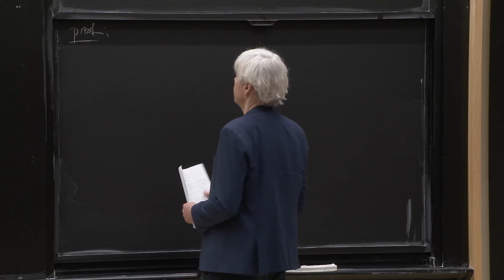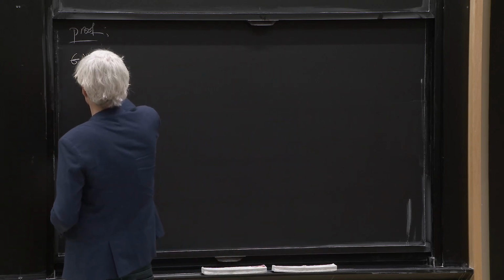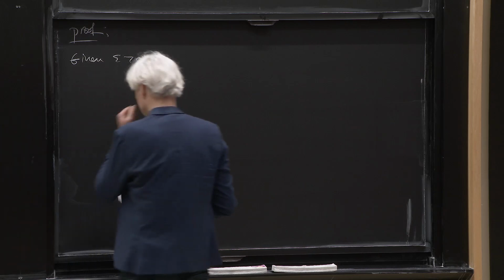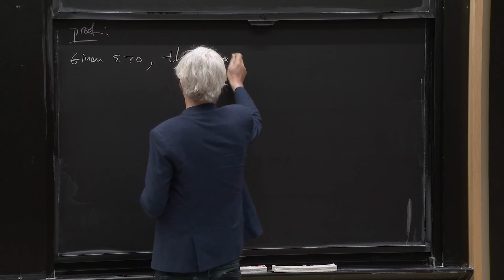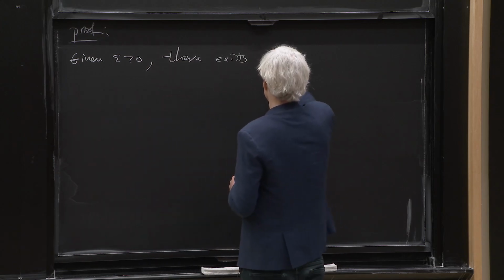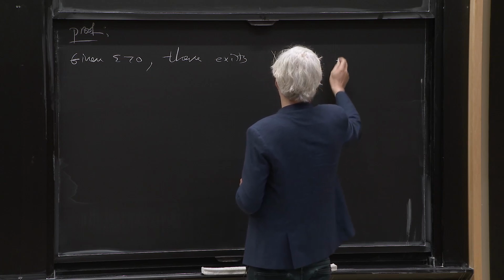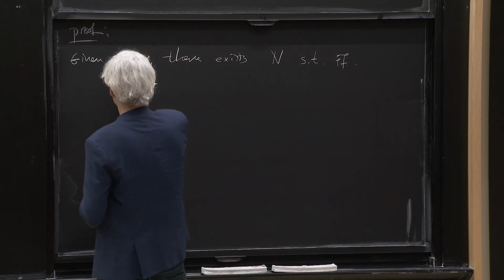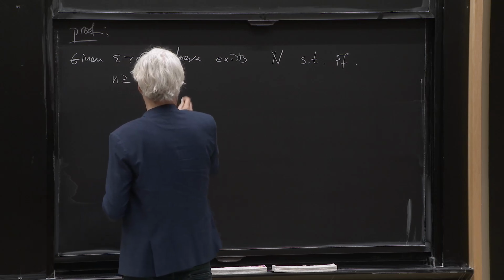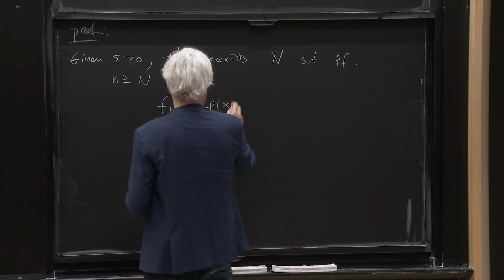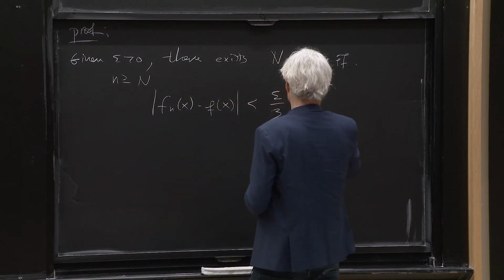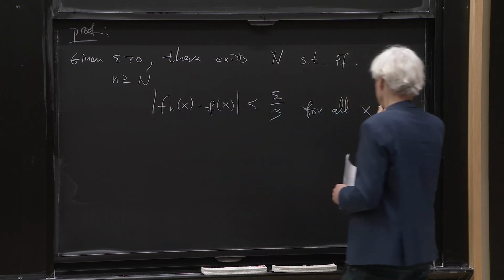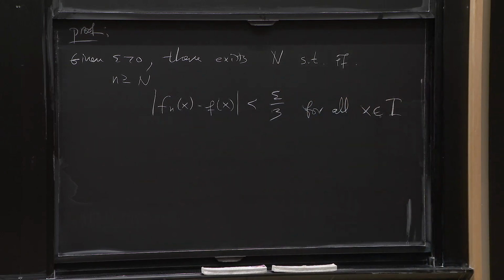So, given epsilon greater than 0, there exists capital N such that if little n is bigger or equal to capital N, then fn of x minus f of x is smaller than epsilon over 3 for all x. Right, this just follows from the fact that the sequence converges uniformly.